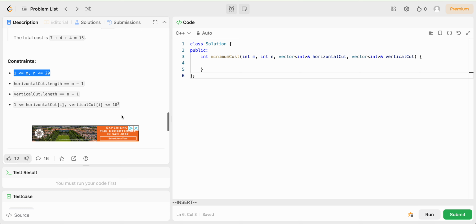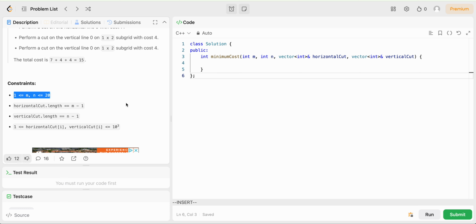This indicates that actually this problem has a better solution. However, given the data range is very small, we can just do the iteration method. So we iterate every possibility for each intersection point. Then we can get the answer.